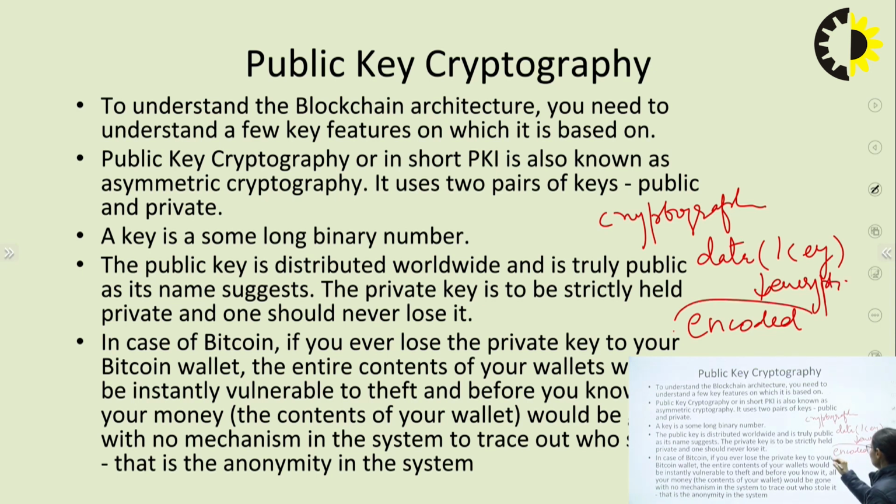Your receiver will receive this encoded data, not the actual data. Here we have the receiver, and at this end we have the sender. The receiver doesn't want to work on the encoded data, he needs to see the actual data. So what he will do?